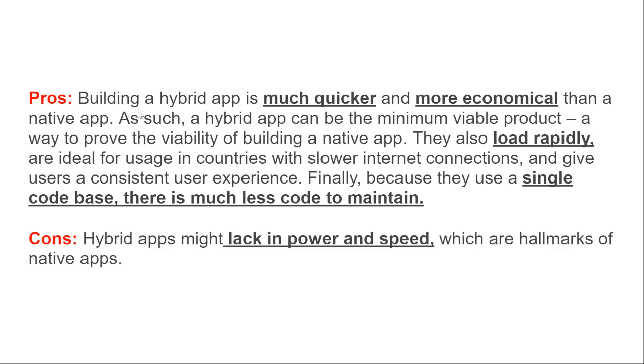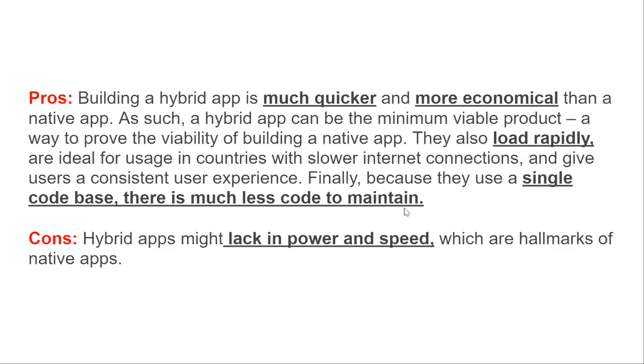The pros are in development. Building a hybrid app is much quicker and more economical than a native app. As such, a hybrid app can be a minimum viable product, a way to prove the viability of building a native app.